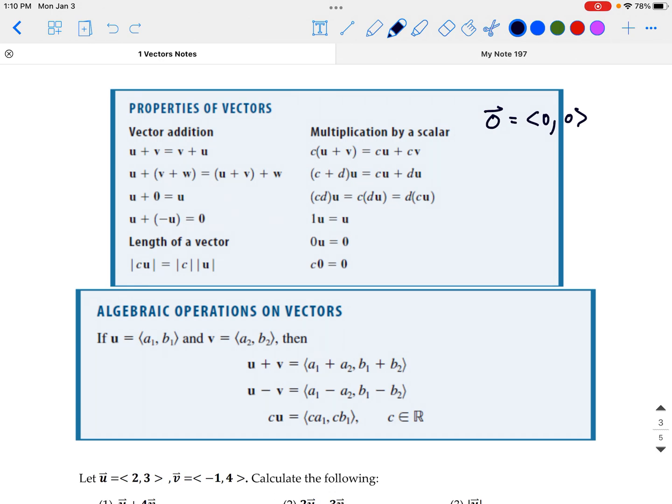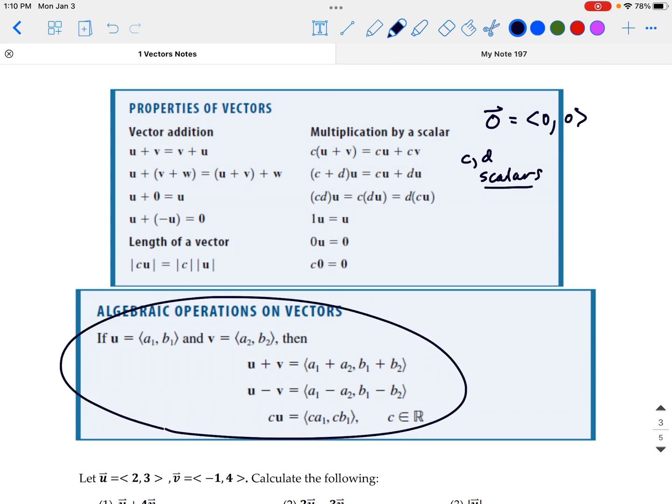For multiplication by a scalar, the nice thing is that the distributive property holds, so we'll be able to distribute scalar quantities. Here c and d are scalars, which means they're just numbers, not vectors. It doesn't matter in which order we add them either. Our algebraic operations are really what we've already discussed.